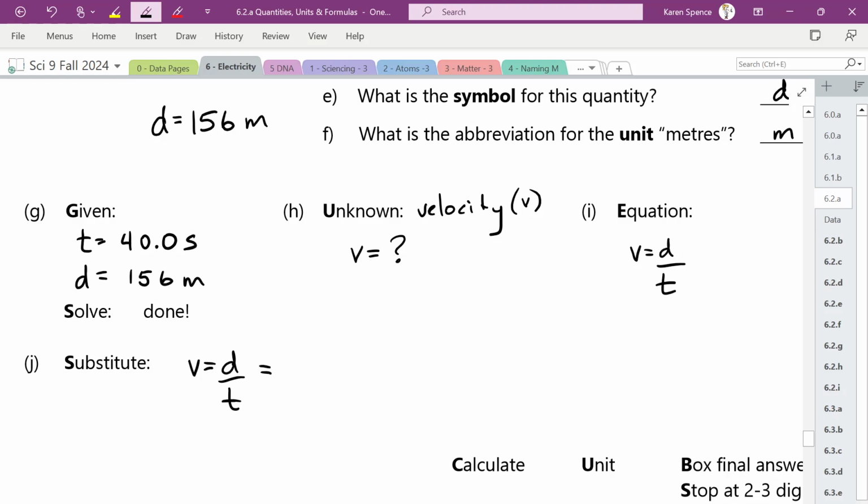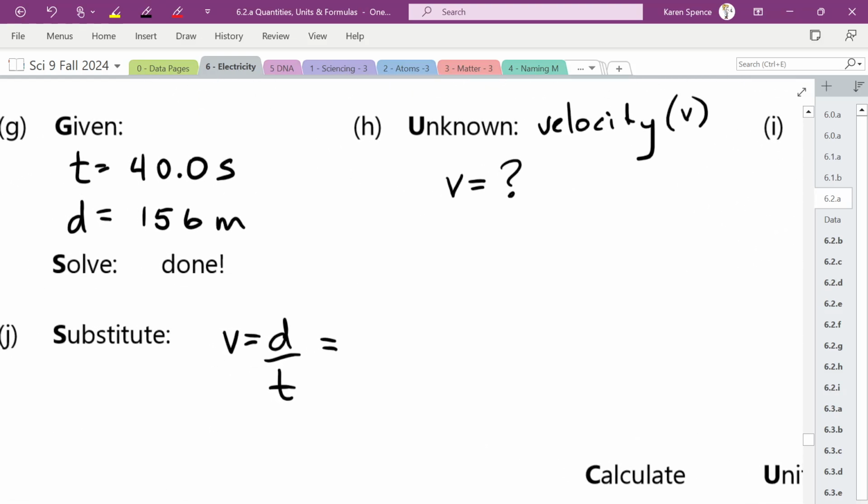What am I doing when I substitute? What I'm going to do is go find my value for D, and put it on the top, 156 meters.